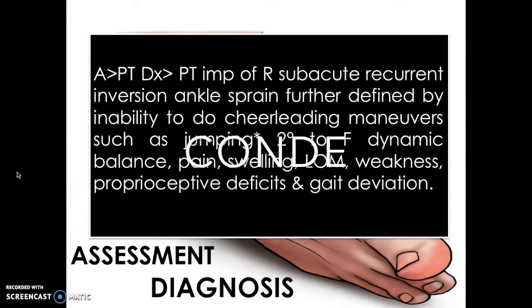For assessment, diagnosis would be a PT diagnosis with PT impression of right subacute recurrent inversion ankle sprain, further defined by inability to do cheerleading maneuvers such as jumping, secondary to fair dynamic balance, pain, swelling, LOM, weakness, proprioceptive deficit, and gait deviation.